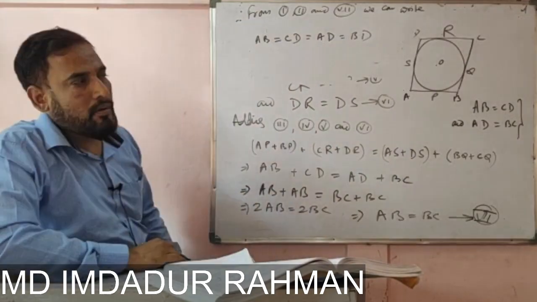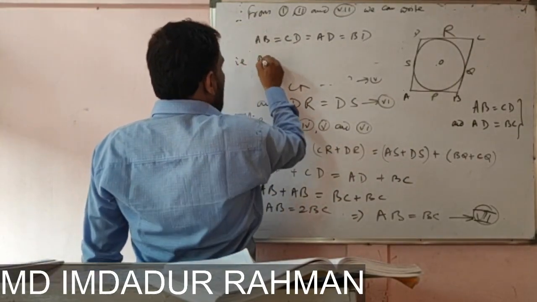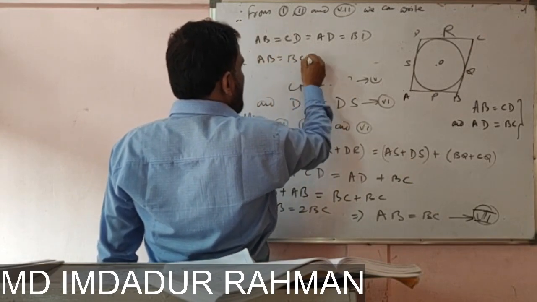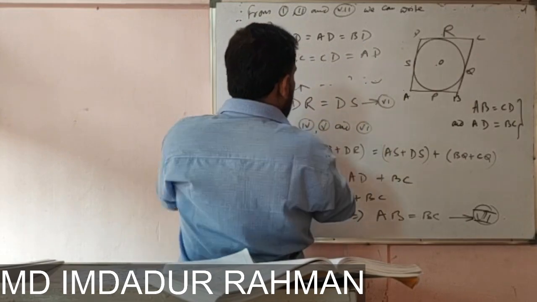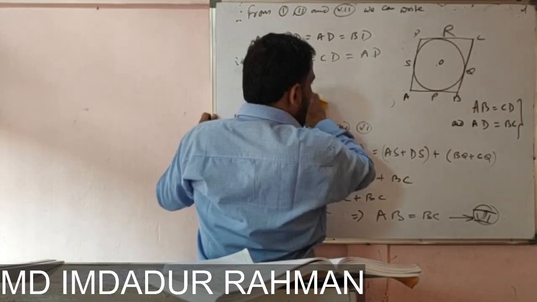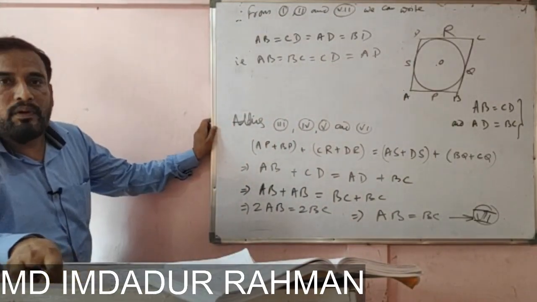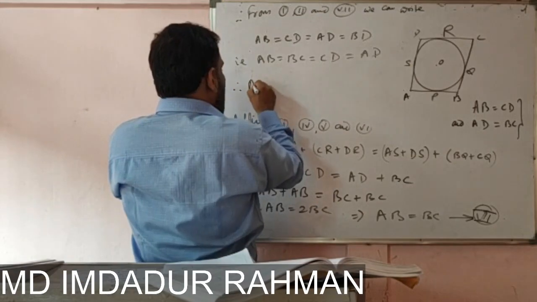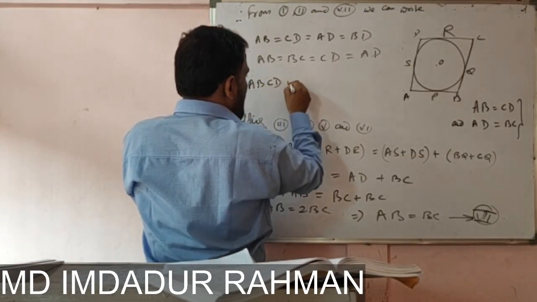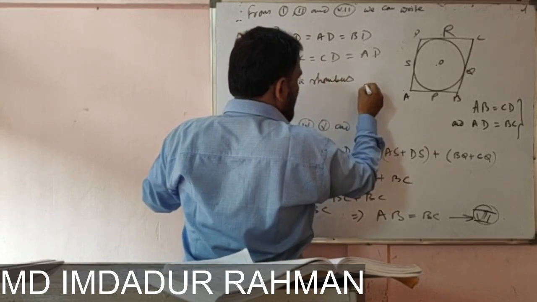So that is AB is equal to BC is equal to CD is equal to AD. So simply, if in a parallelogram all the four sides are equal, we can say that it is a rhombus. Therefore, ABCD is a rhombus. Proved.